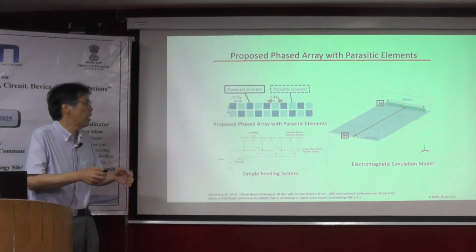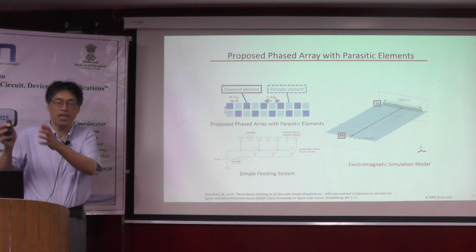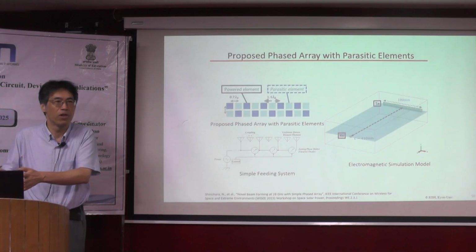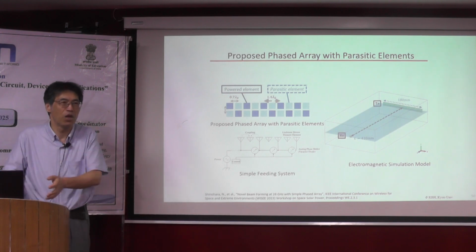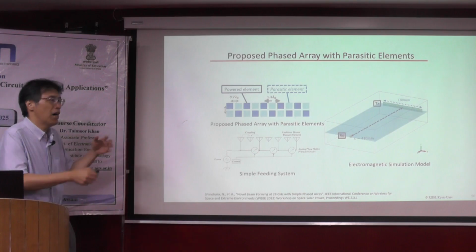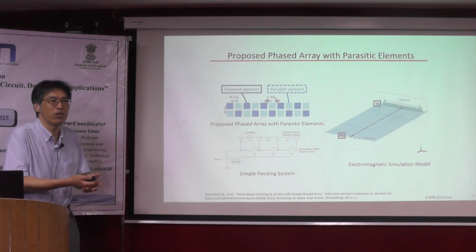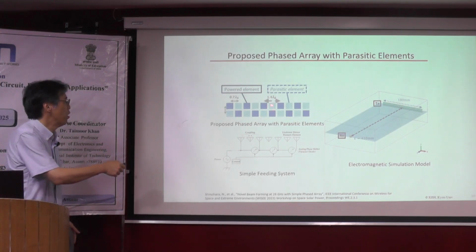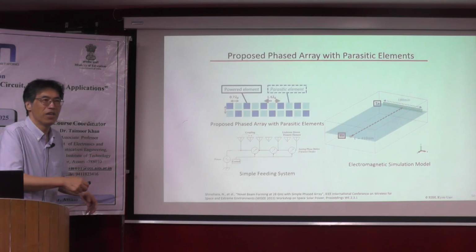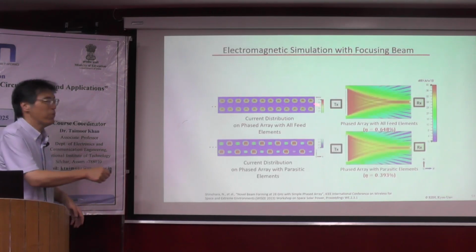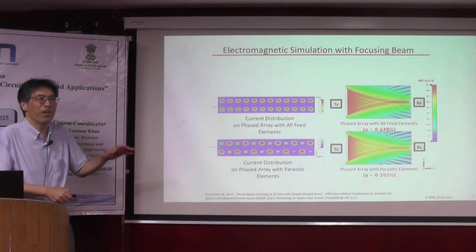So the cost is decided by the number of circuits and the cost of the circuit itself. We multiply the number of circuits and the cost of the circuit. But in this case, we use half the number of circuits, and we add only very low cost or no cost metal. So compared to the normal phased array, the number of circuits becomes half. It means the cost will be half.